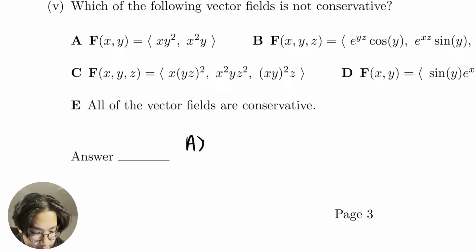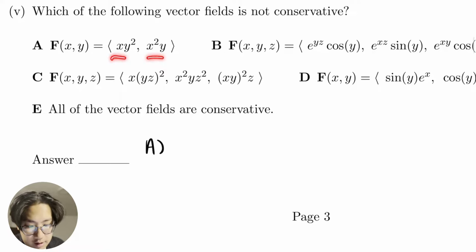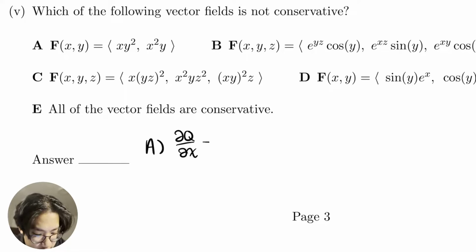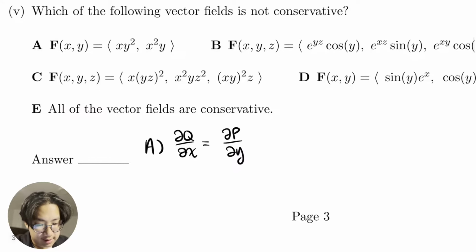So part A. So remember, when we have a two-dimensional vector field, in this case it's pretty quick, we can just check to see if partial q partial x is equal to partial p partial y. And I think I go over the justification of why we're able to just check this in a different video, but hopefully by now you do understand that it's sufficient to check this.